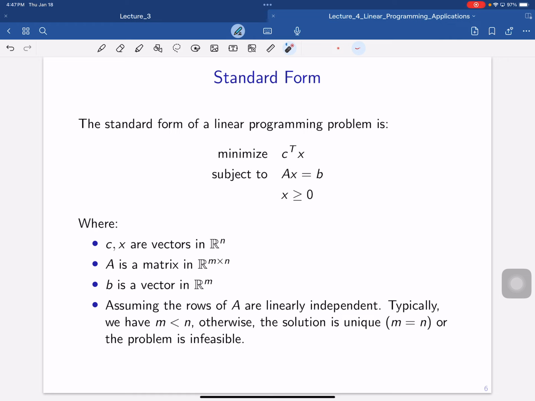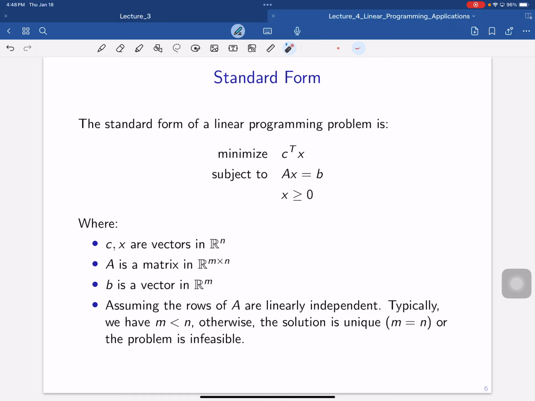Because if you have m equal to n, you are not solving an optimization problem. You are just solving linear equations, which is a boring problem. Of course, in this class, we are not talking about solving linear equations. Your linear algebra professor has already taught you how to solve linear equations, right?